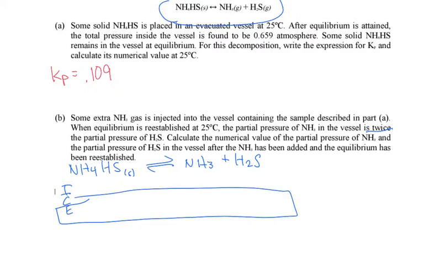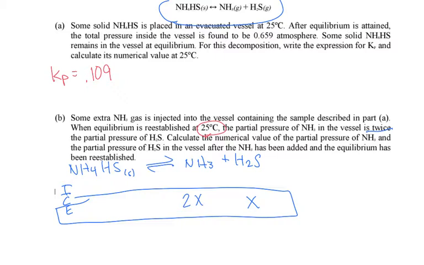So the equilibrium partial pressure of NH3 is twice, so that's going to be 2x, whatever x is, twice the partial pressure of H2S. And we didn't change our temperature. Notice that our temperature is still 25 degrees Celsius, and what does that mean about the value for Kp? Well, conveniently, the value of Kp did not change.